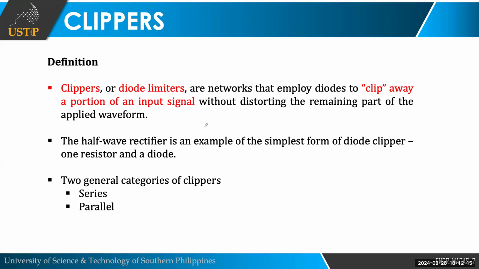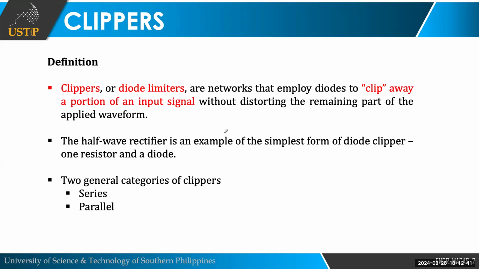So basically, if you have an input signal that is sinusoidal, or actually any signal that has a positive and negative cycle, it can be square, it can be triangle. The idea for clippers is they clip away a portion of an input signal. One of the basic examples we discussed is the half-wave rectifier.